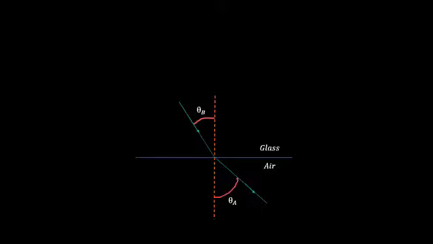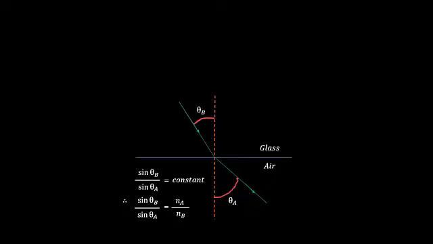Now, since there's a boundary, we can say that sine theta b by sine theta a equals a constant. Therefore, sine theta b by sine theta a equals eta a by eta b.